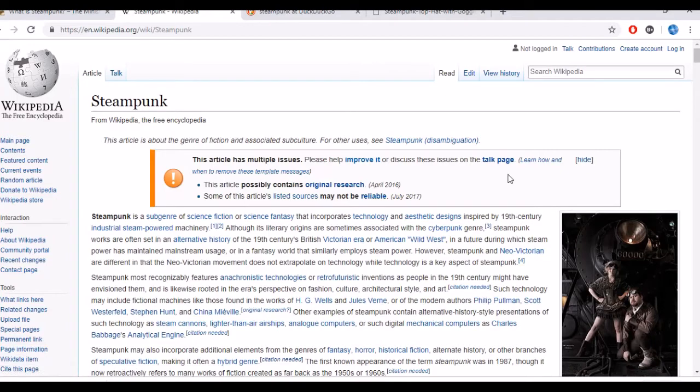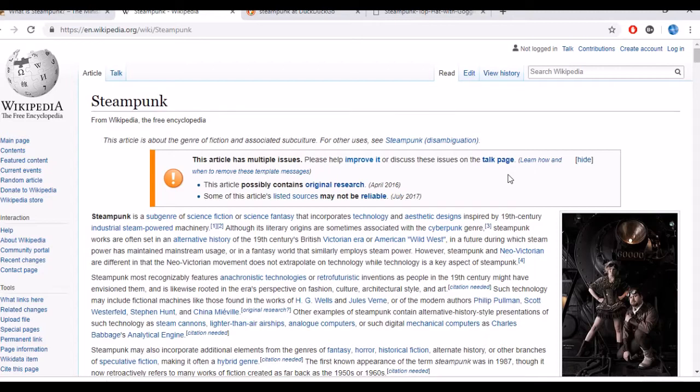So it's a subgenre of science fiction or science fantasy that incorporates technology and aesthetic designs inspired by 19th century industrial steam-powered machinery. Although its literary origins are sometimes associated with the cyberpunk genre, steampunk works are often set in an alternative history of the 19th century British Victorian era or American Wild West, in a future during which steam power has maintained mainstream usage. So they bypass electricity and they go straight into steam power.